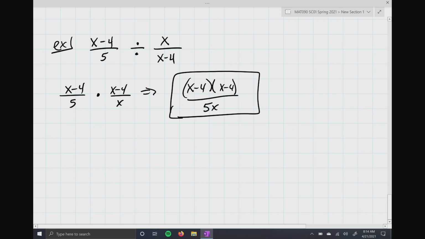Just because you're dividing rational expressions or multiplying rational expressions doesn't necessarily mean that everything is always going to be able to be factored and simplified. Okay? You're going to make sure you're just going through the steps. Now, I will give you this. This problem, 100% you're going to be able to reduce some stuff.